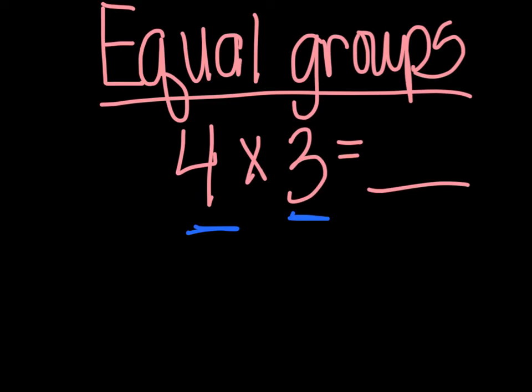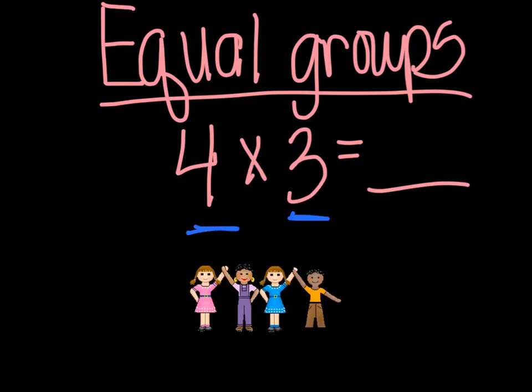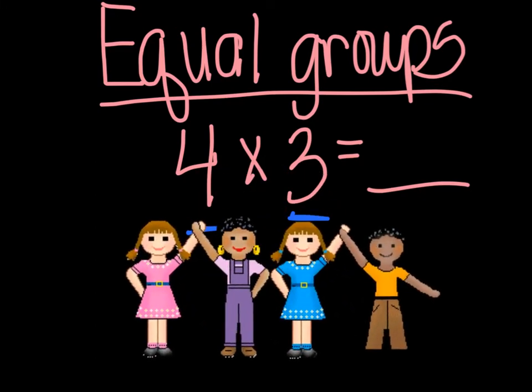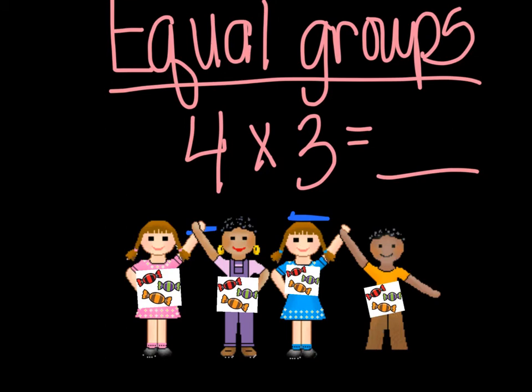So the first thing I'm going to do is I'm going to draw my pictures of my kids. So here's my kids. And I have 4 groups, 4 kids, and I'm going to give each kid 3 pieces of candy. So as you can see, I have 4 kids, and each kid got 3 pieces of candy.